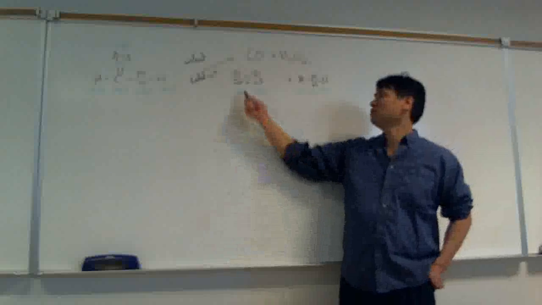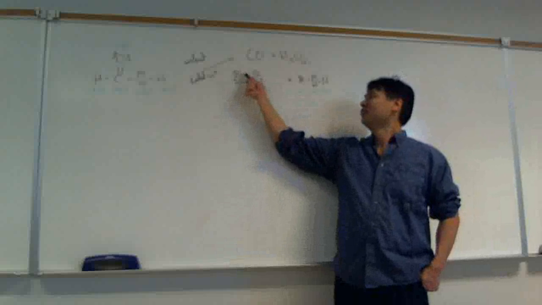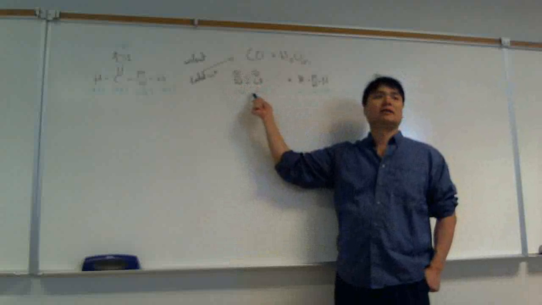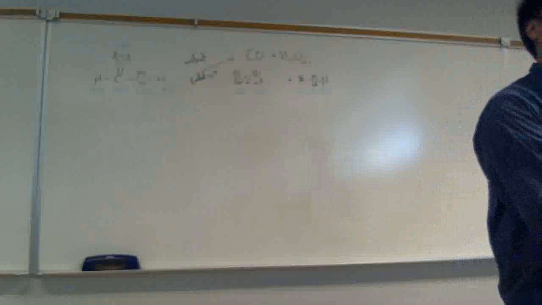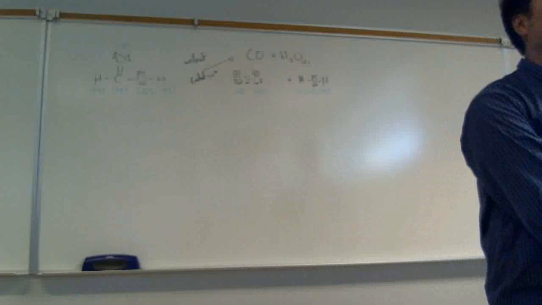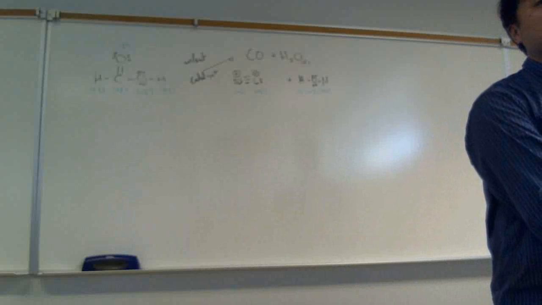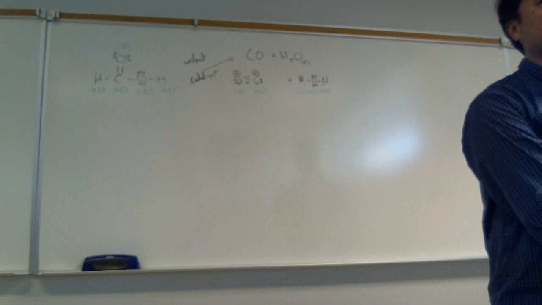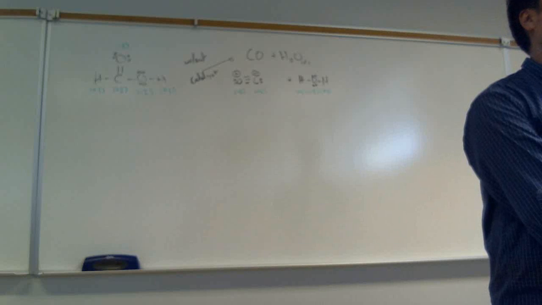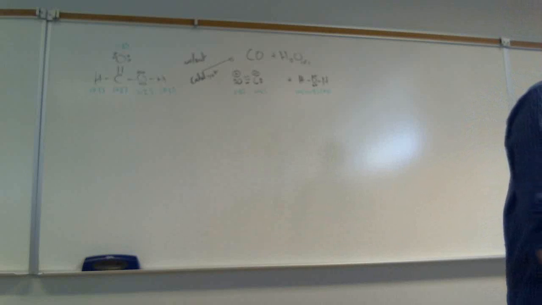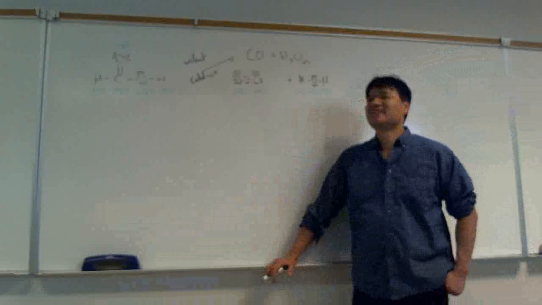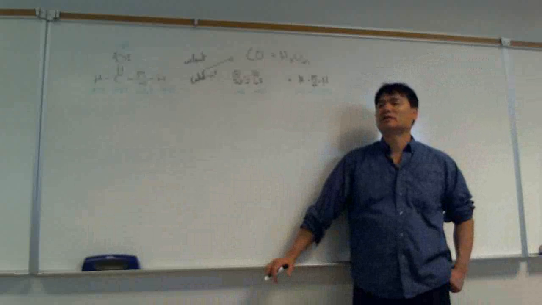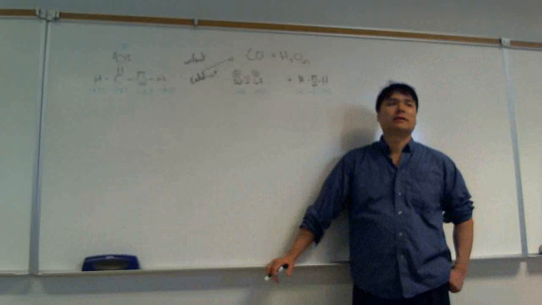There's a conflict between the formal charge and the oxidation state. Now, what should we do when we have a conflict like this? Is the oxygen positively charged or is the oxygen negatively charged? And so which one is more significant in this particular case?